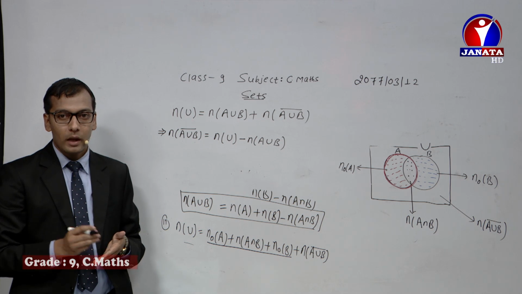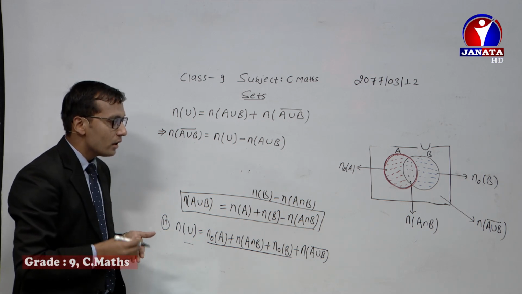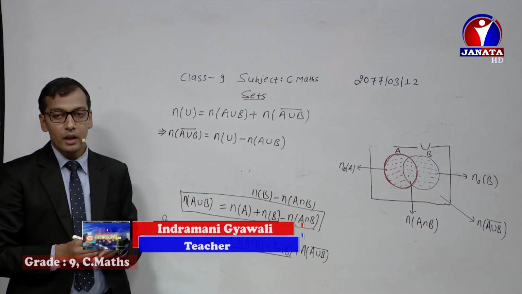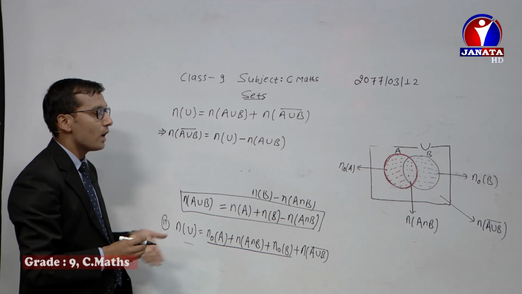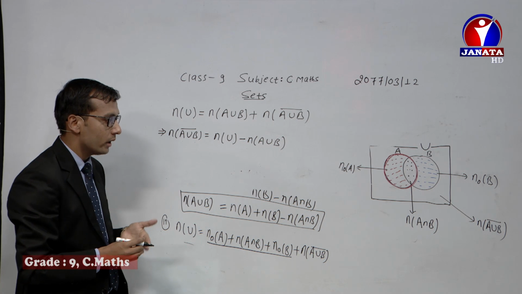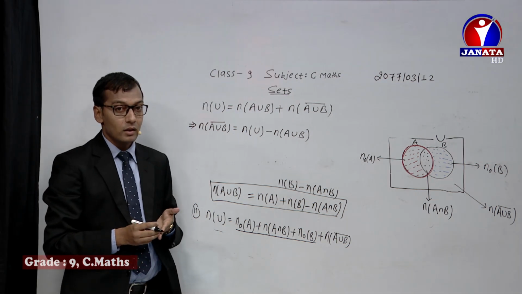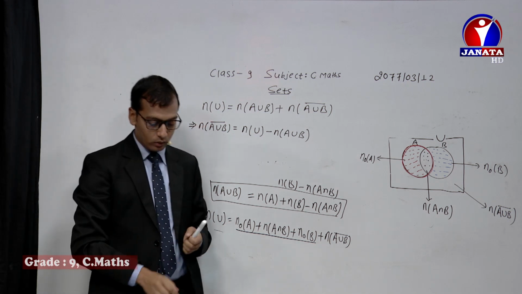So here I tried to explain the cardinality relation of the union of two sets A and B. This is one of the examples. So we can relate these formulas with other sets like set P and Q and so on. Let me take a question now.